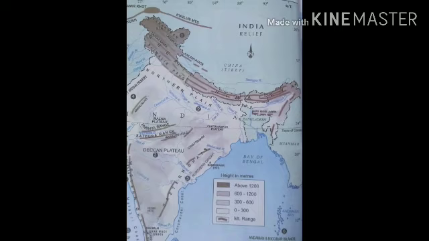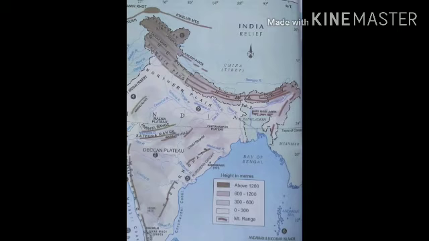The altitudinal variations are greater in the eastern half than those in the western half. That means the variations in height are greater in the eastern half, because in the western part all the ranges are very high, but in the eastern part we can see variation in the altitude, that means in the height.